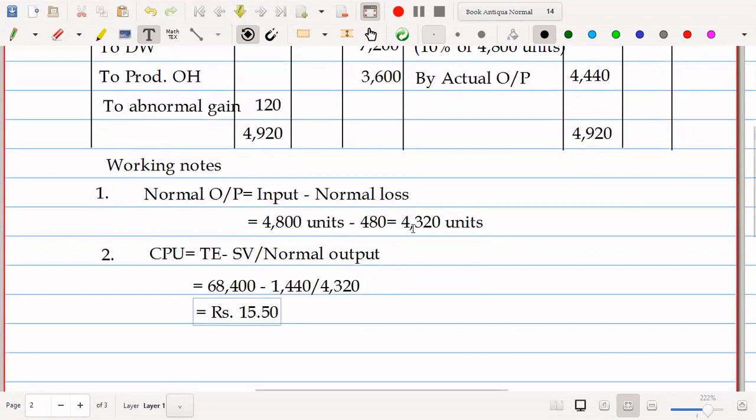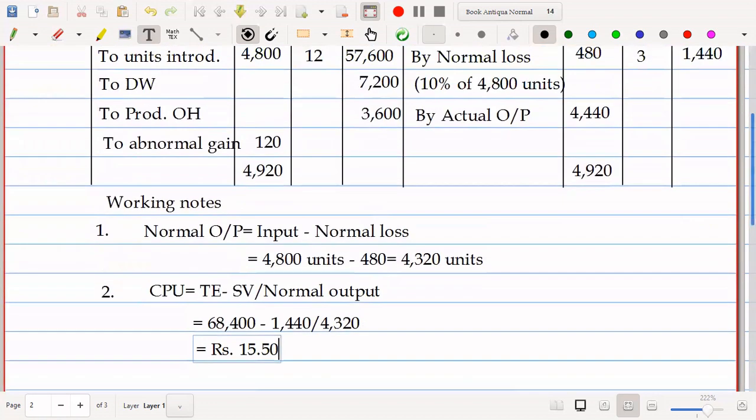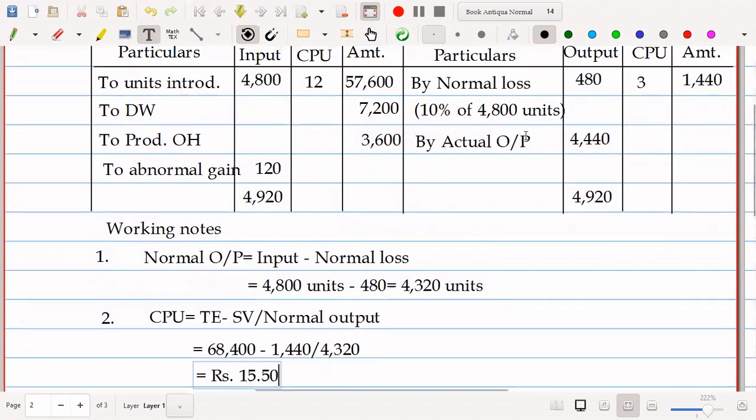So when we take this here for abnormal gain as well as for actual output, 15.50, take here also 15.50. When we multiply both the sides, the answer should tally now. It comes to 68,820. It's a round figure.